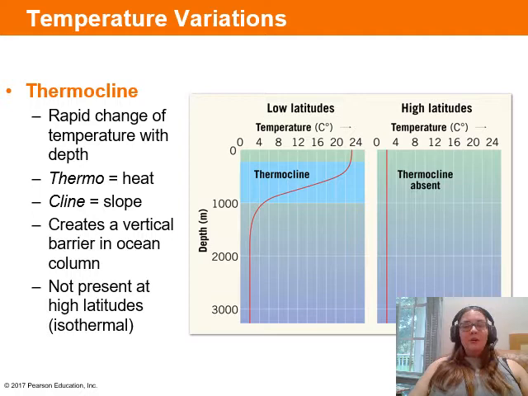So at our surface waters, again, we have a lot of sunlight hitting our surface waters, which is going to heat them up. They're going to be very warm waters. But you'll notice that when we start to go deeper inside of our oceans, now our temperature is going to very quickly decrease across this thermocline. And that's because the deeper that we go, we're getting less and less sunlight. Therefore, that water's just going to get colder and colder.